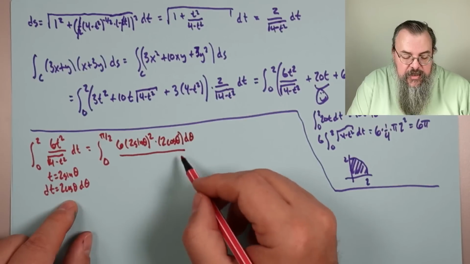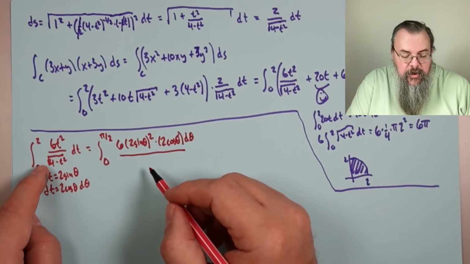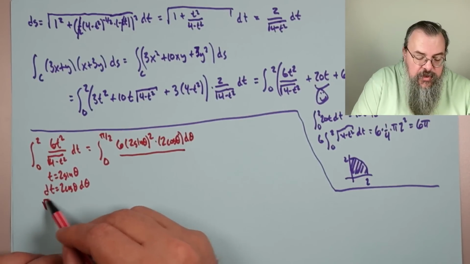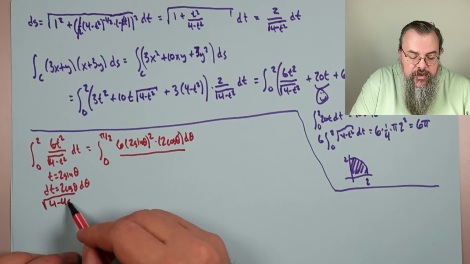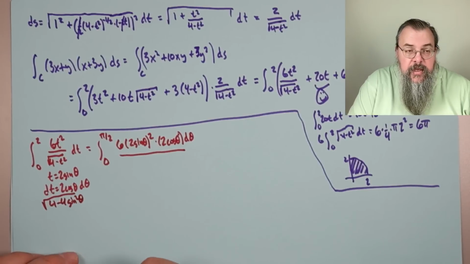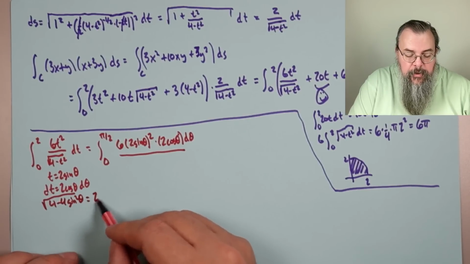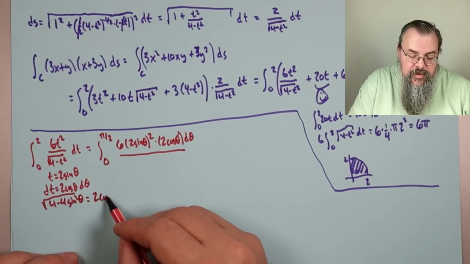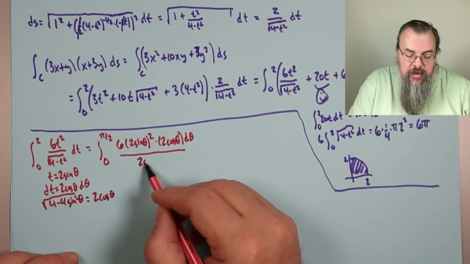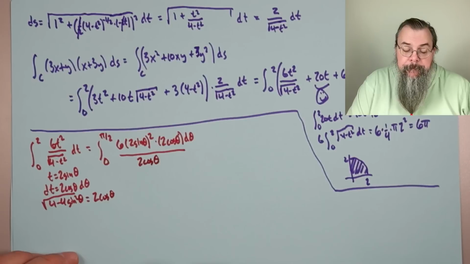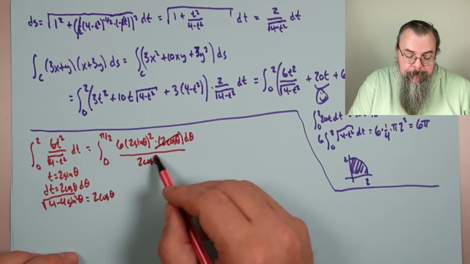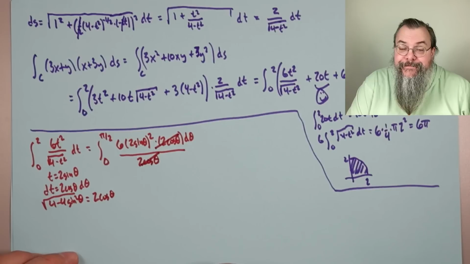Now downstairs, when we work this out, we're going to have the square root of 4 minus 4 sine squared theta. Well, we can pull a 4 out, and then 1 minus sine squared is cosine squared, so it's 2 cosine theta. So 2 cosine theta, and those cancel.